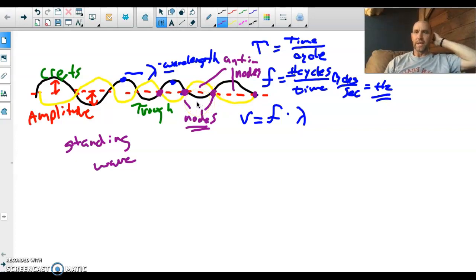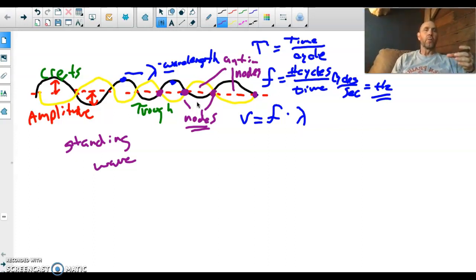Some examples of a standing wave: the air column in a vibrating Coke bottle. If you blow over the top of the Coke bottle, you're forming that air inside to form a standing wave. And you're actually hearing the top of the bottle is an antinode. That's why it sounds really loud when you get the frequency of the blowing of the air just right.